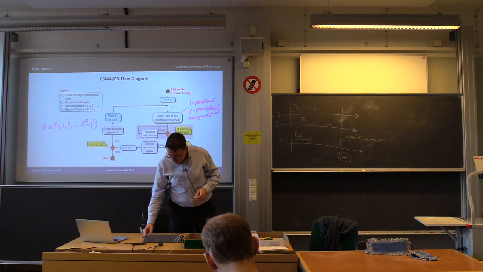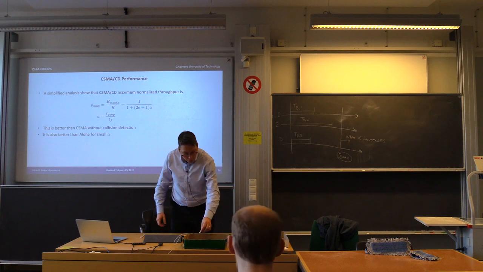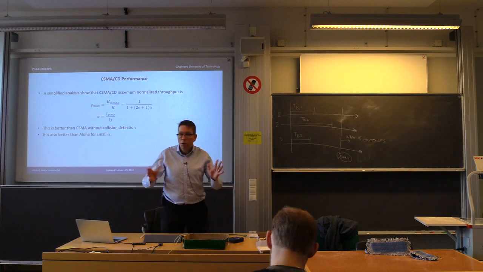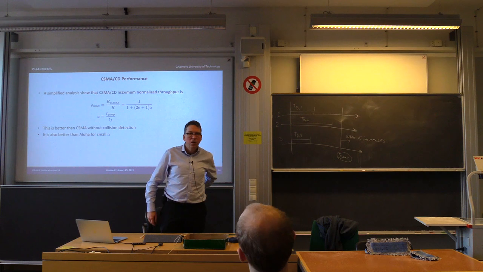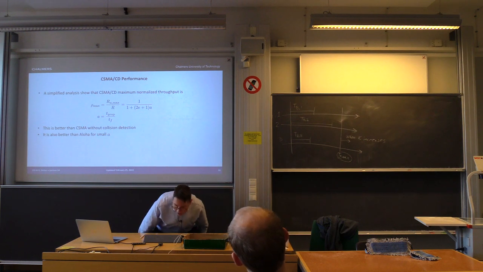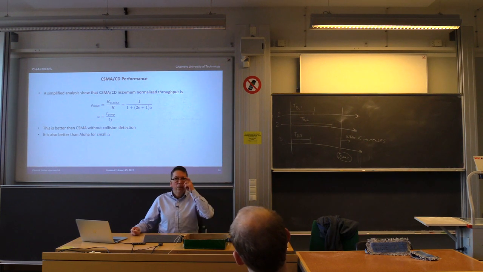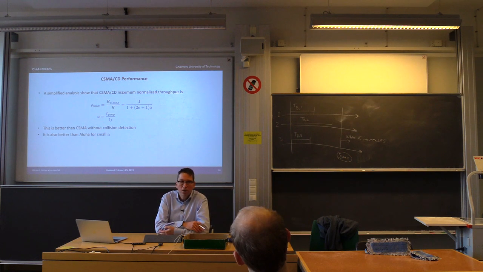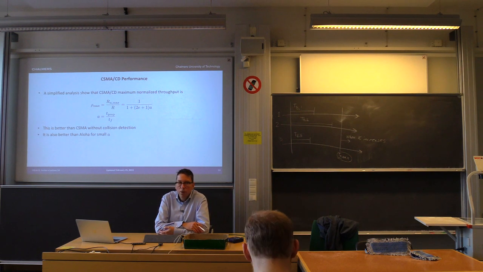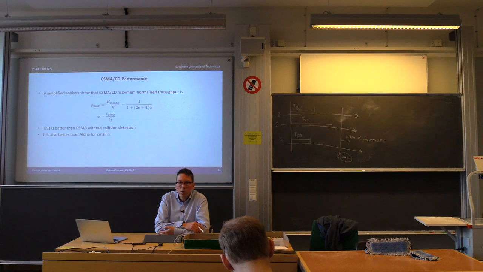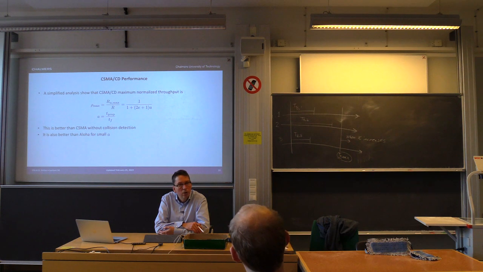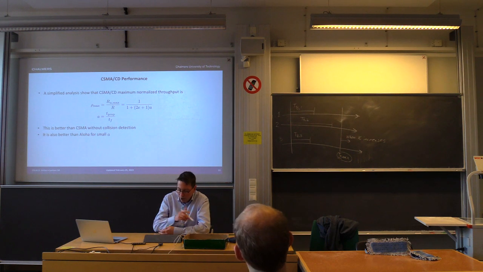Okay, so then what is the performance of this? We will not go through the analysis of this because it's a little bit tricky to do, and one can question whether this is correct or not. But this equation is often claimed in the literature as showing the maximum load we can support with CSMA with collision detection.